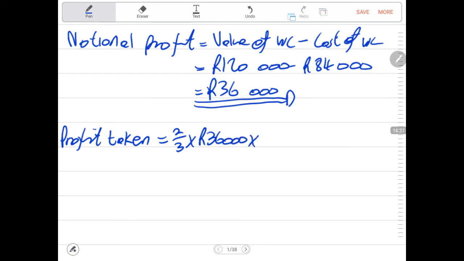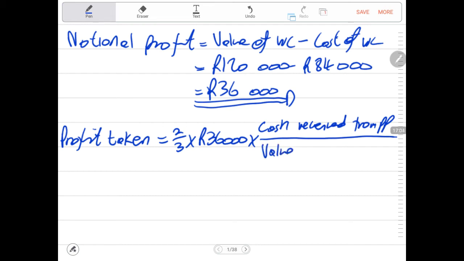Then we multiply that by the cash received from progress payment, and divide this by the value of work that was certified, most of the time by the architect.